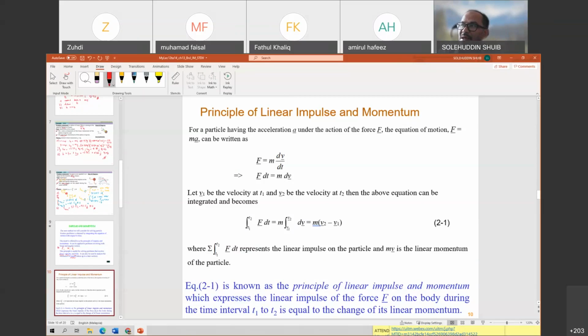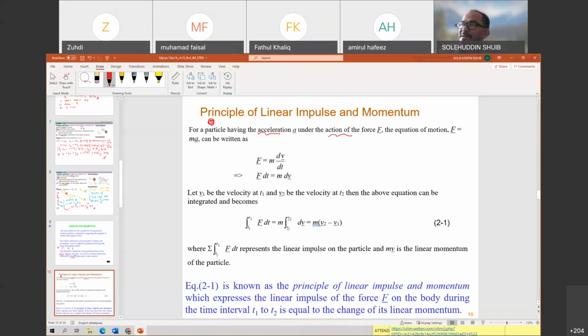So we have here a particle having acceleration a, under the action of force F. The equation that we have is again F equal to ma, which is Newton's second law.